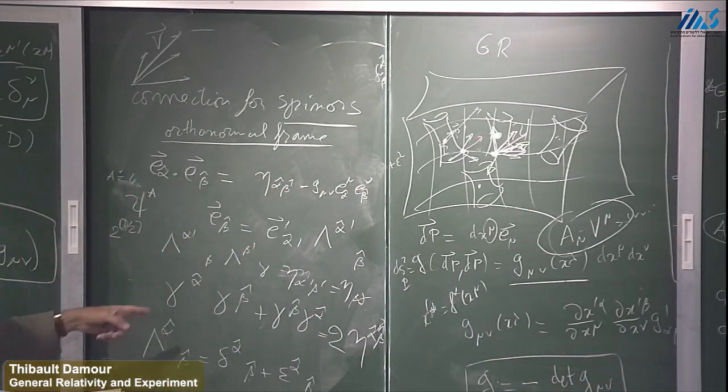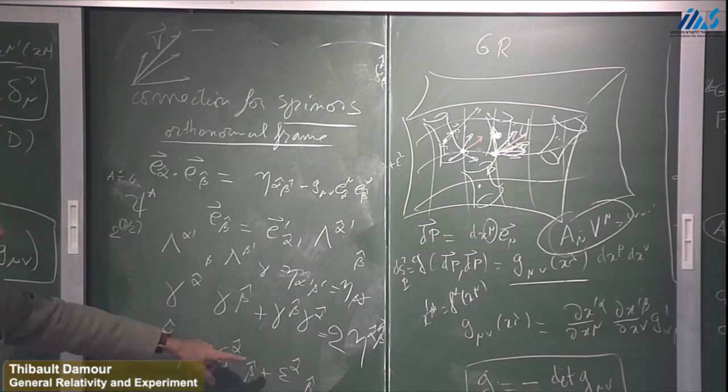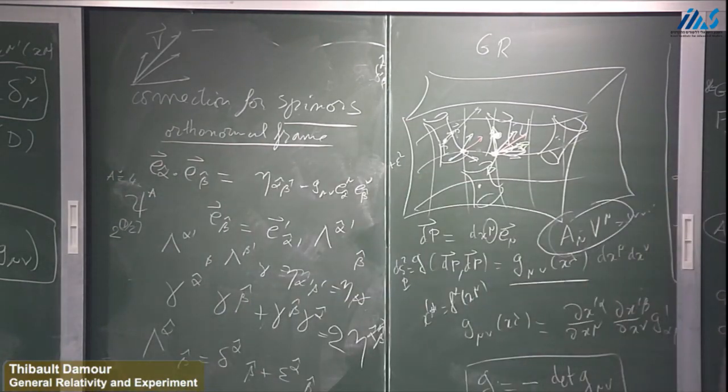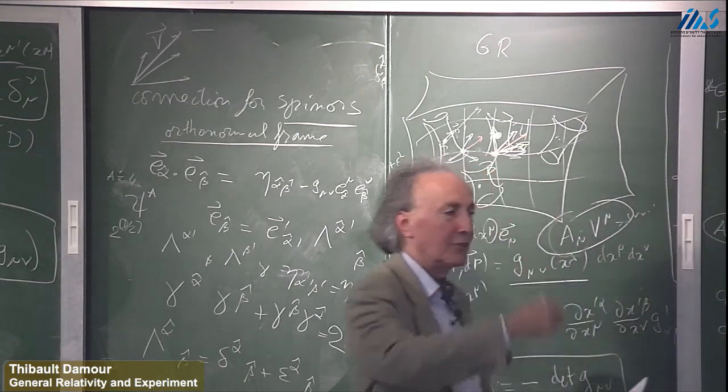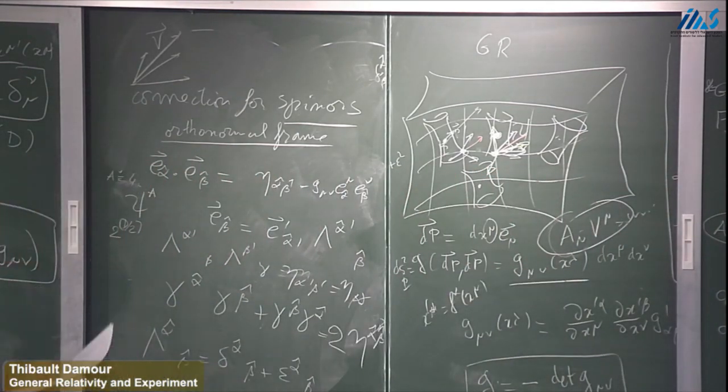So what is an infinitesimal rotation of a spinor? That is a representation of the Lorentz group, in the sense that if I do successive rotations of the Lorentz group, the product of 2 Lorentz transformations is represented by the product of 2 spinor transformations.